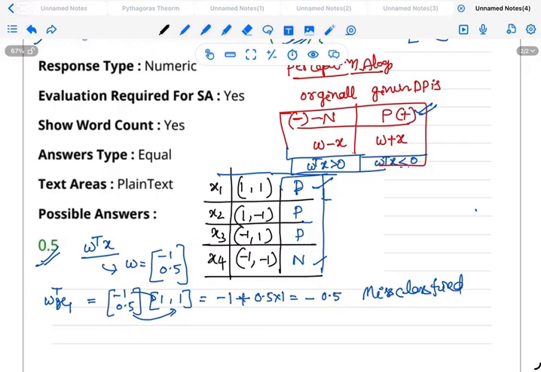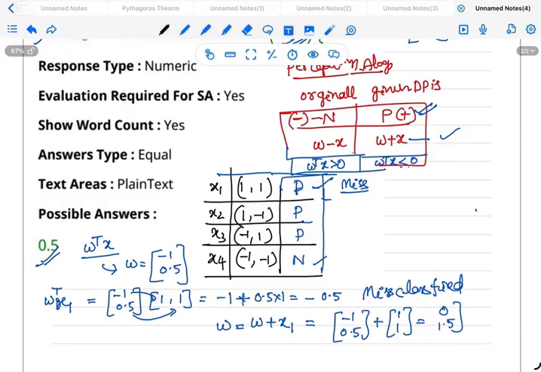So this one is misclassified. For this, W equals W plus X, so we use W plus X1. W equals (-1, 0.5) plus X1 equal to (1, 1), so -1 plus 1 gives 0, and 0.5 plus 1 gives 1.5.